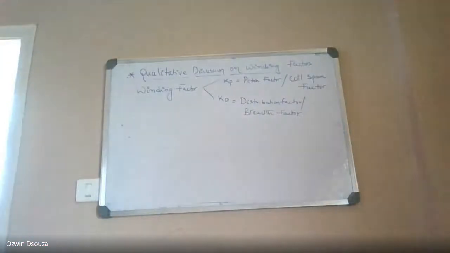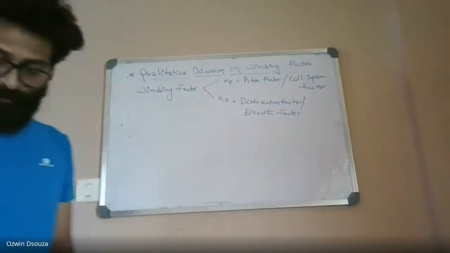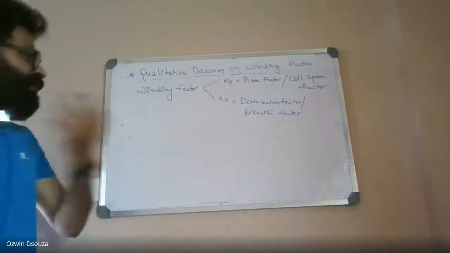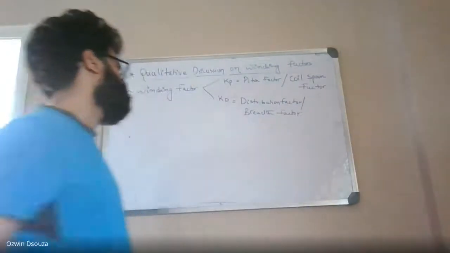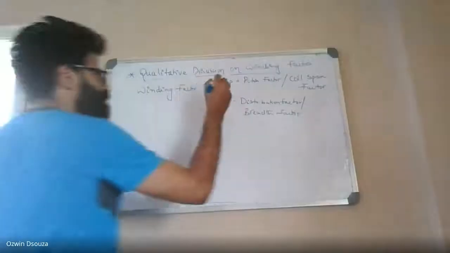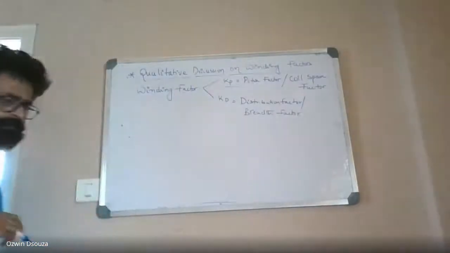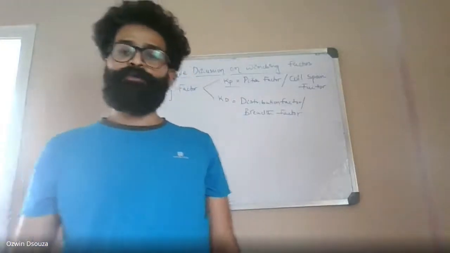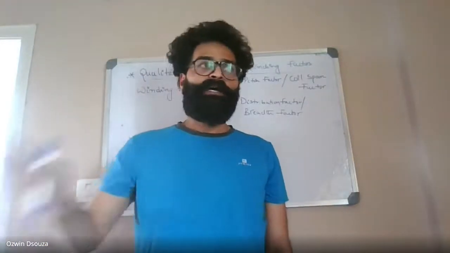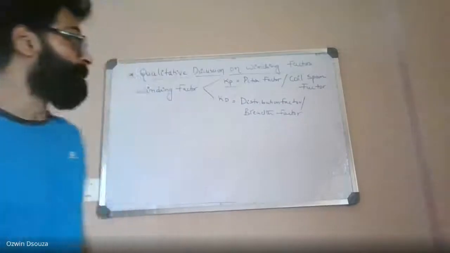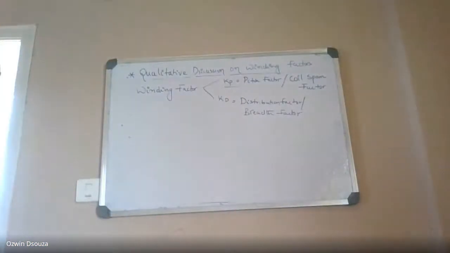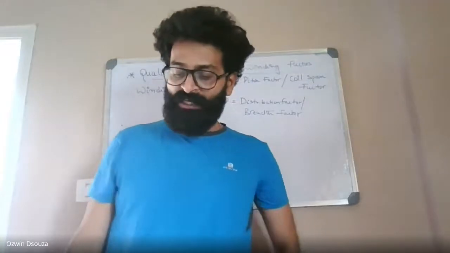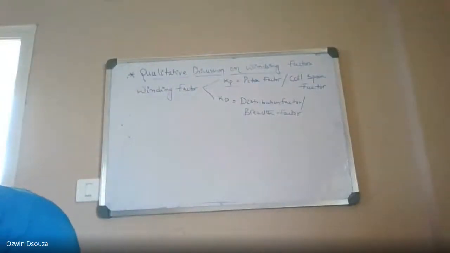There are different names for it: distribution factor, breadth factor, cording factor, etc. Doesn't matter. Now, first let us look at what is Kp. Kd is pretty simple, right? You can just go with the dictionary meaning. Distribution means winding distribution in the adjacent slots. That is Kd. Now, Kp is slightly complex, so I'll try to keep the explanation as simple as possible.